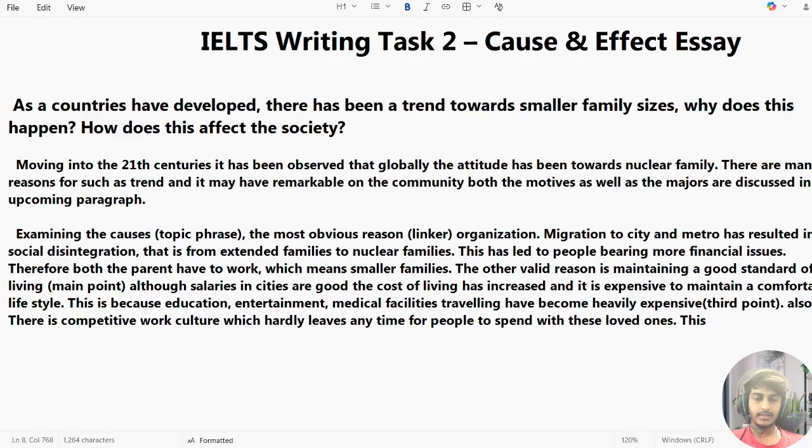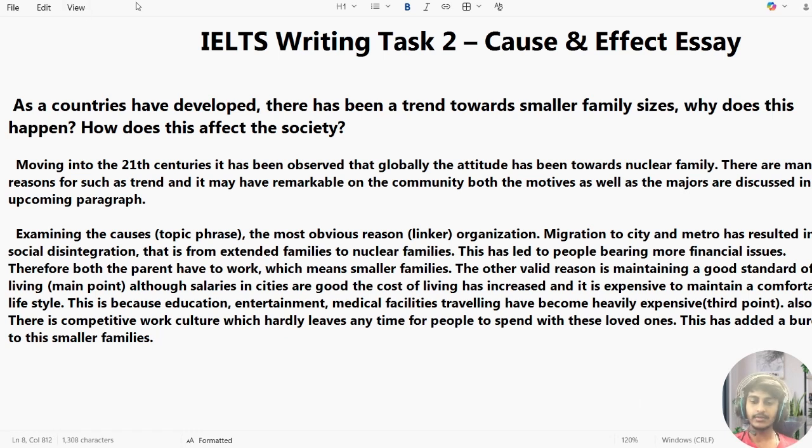This has added a burden to these smaller families. Now our body paragraph 1 is complete.